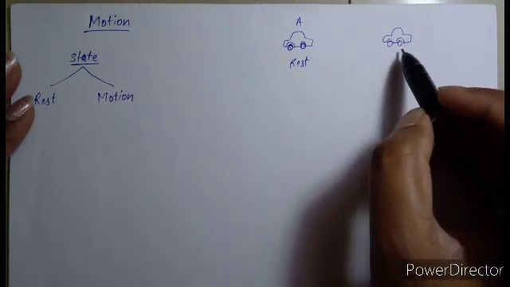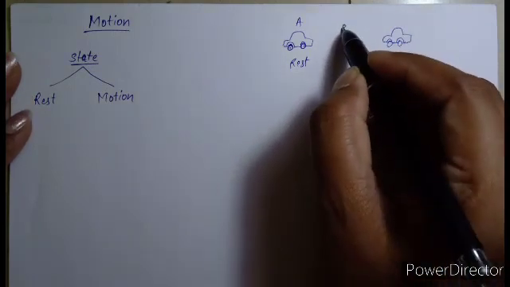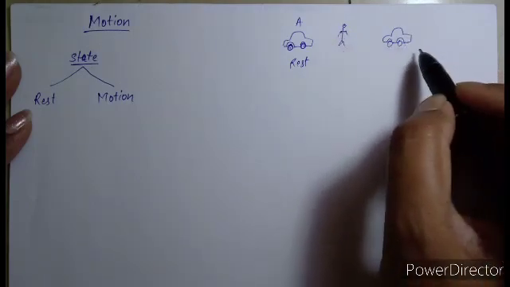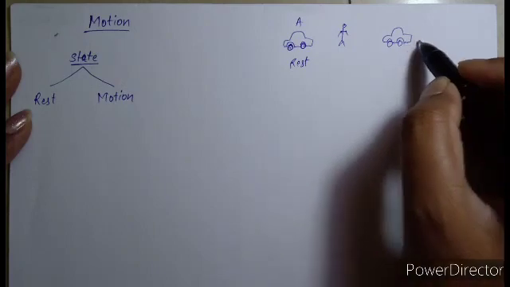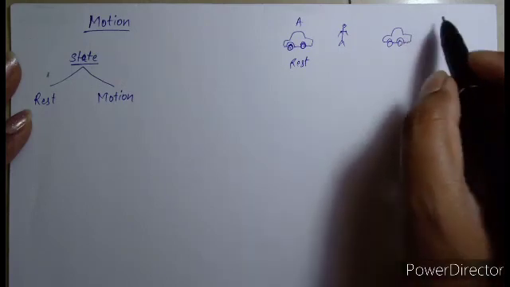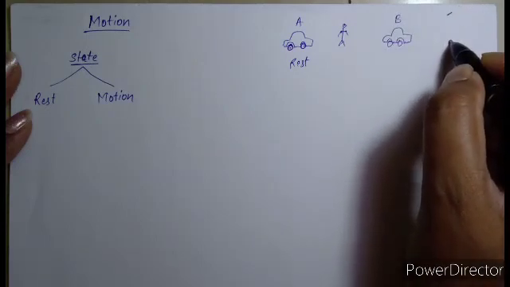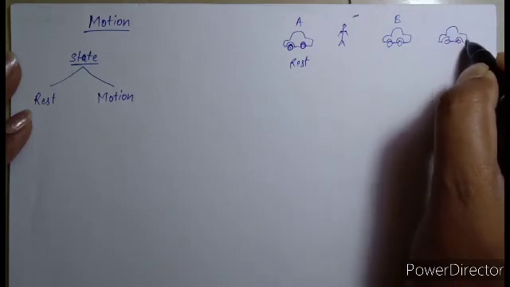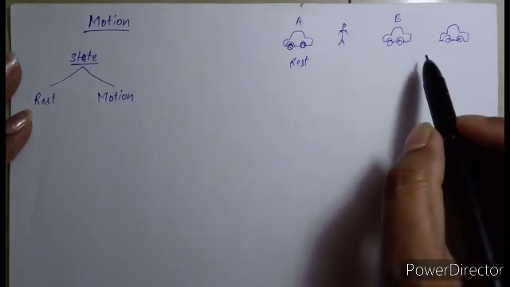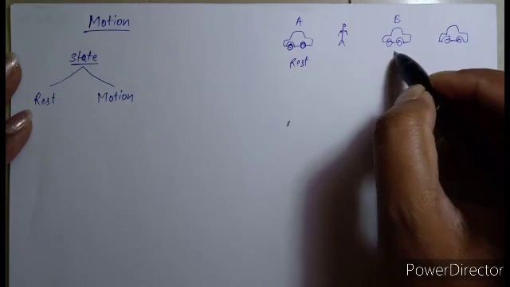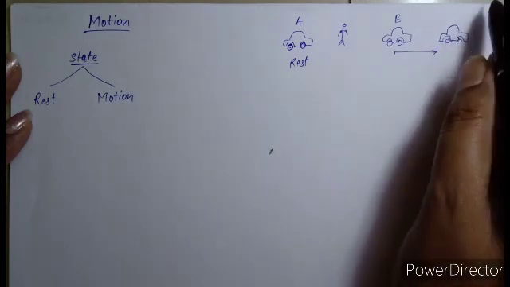Let this car, when an observer starts looking at it, then after time t, this car moves and reaches a point somewhere here. Then we will say that the car is moving and it moved from B to a point C.